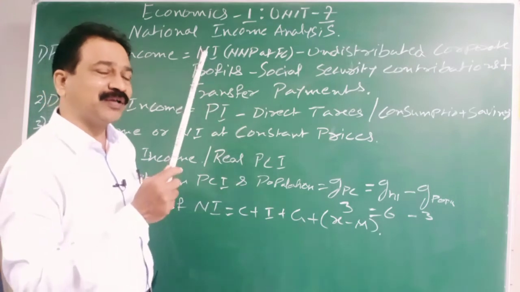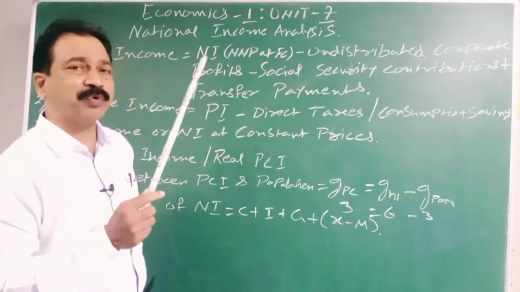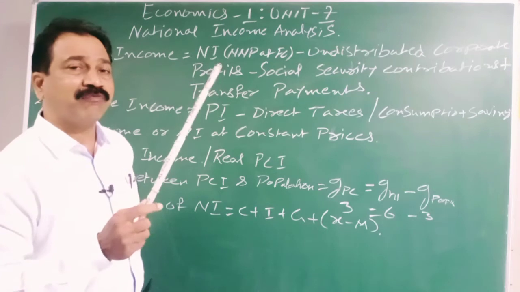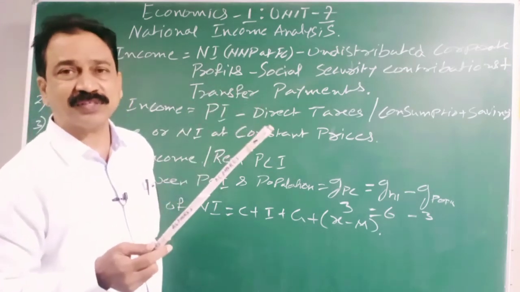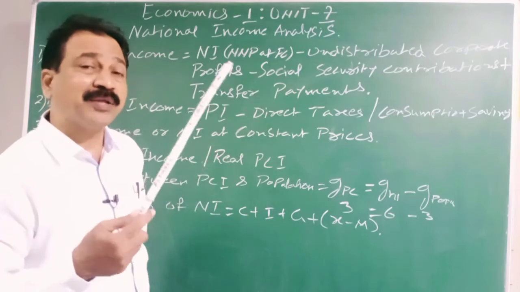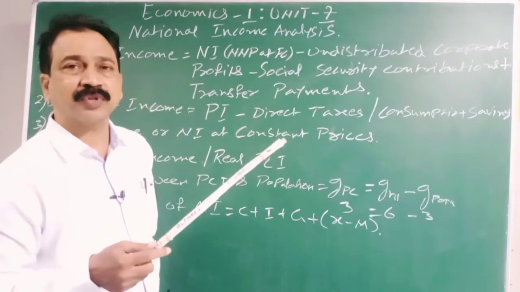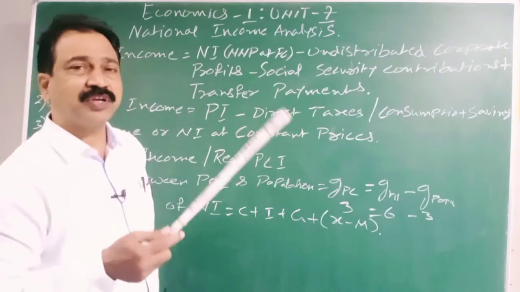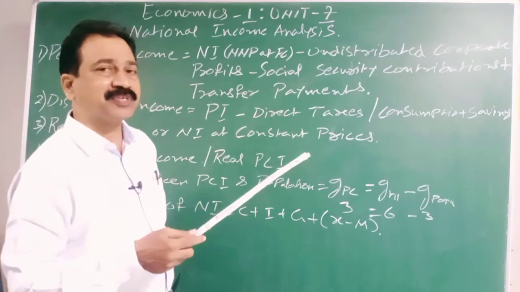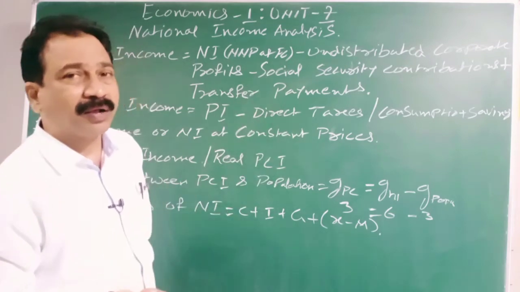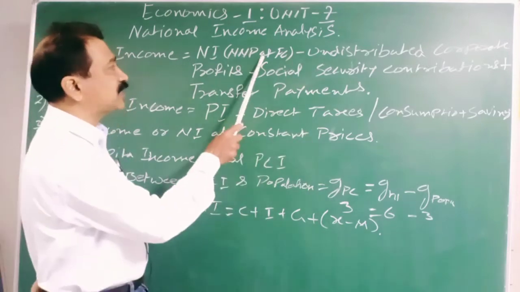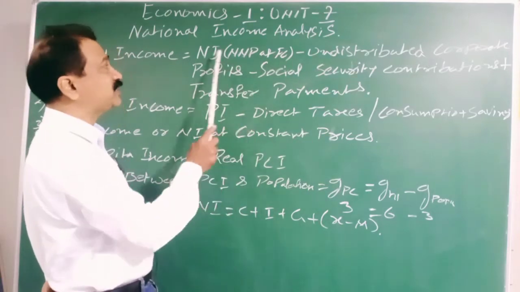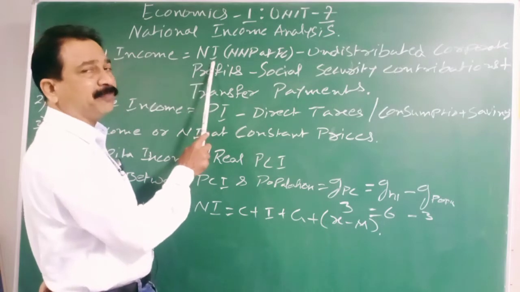Again go back to GNP at market prices. From GNP at market prices, if you remove the depreciation, the replacement charges, then you will get NNP at market prices. If you remove the indirect tax and add subsidy, then you will get this NNP at factor cost. That will be called national income.